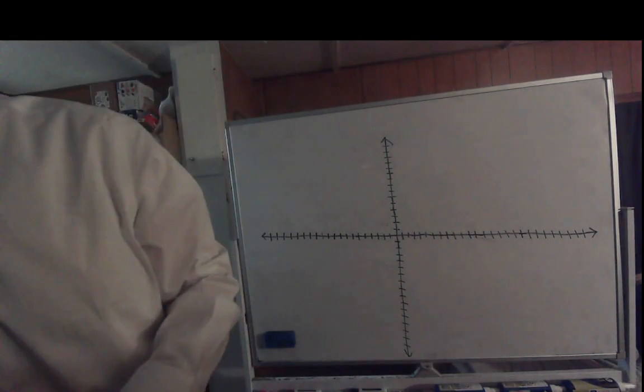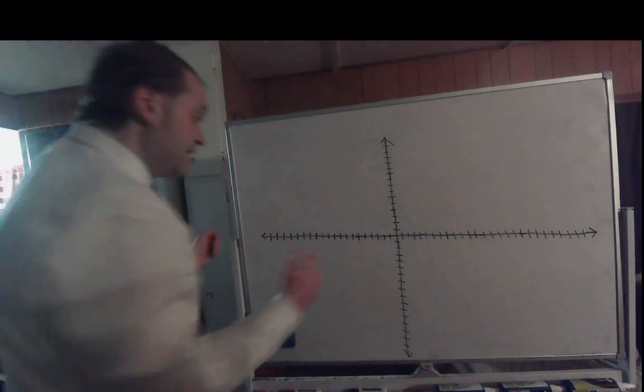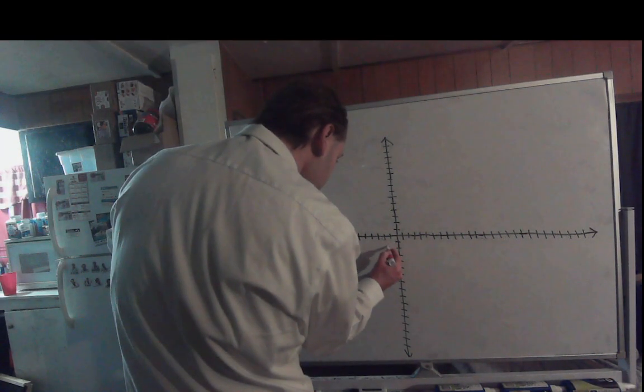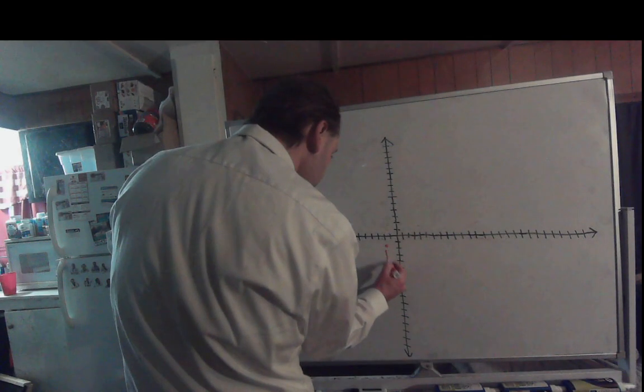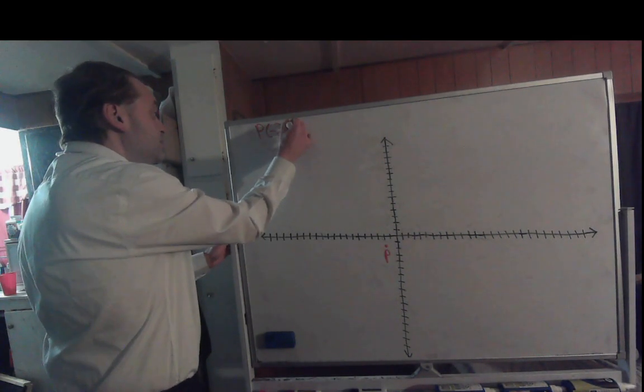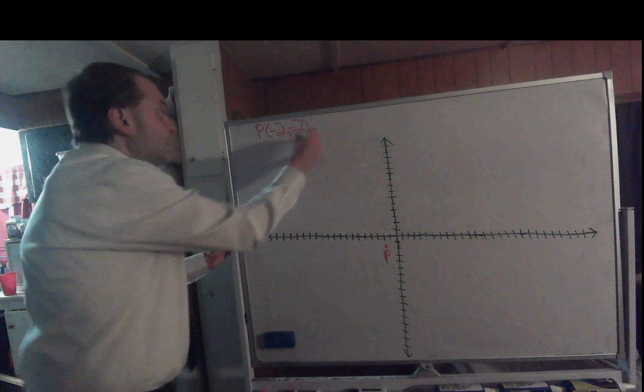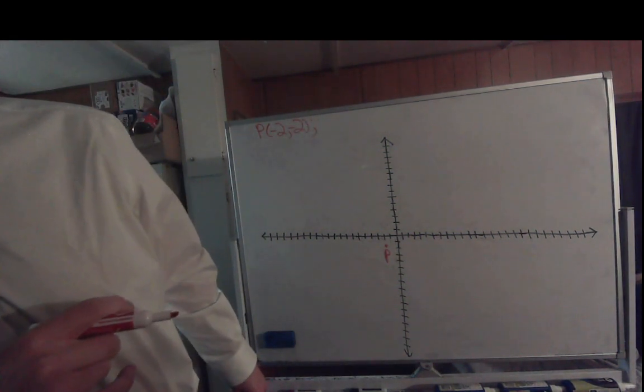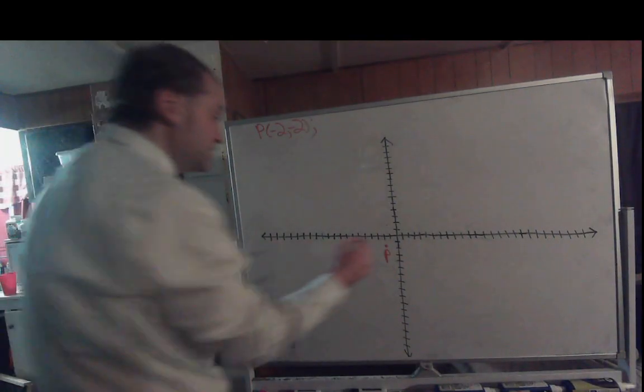Let's see here. All right. So we have P at -2, -2. So here's P, which is located at the point -2, -2. Q is located at 0, 0.